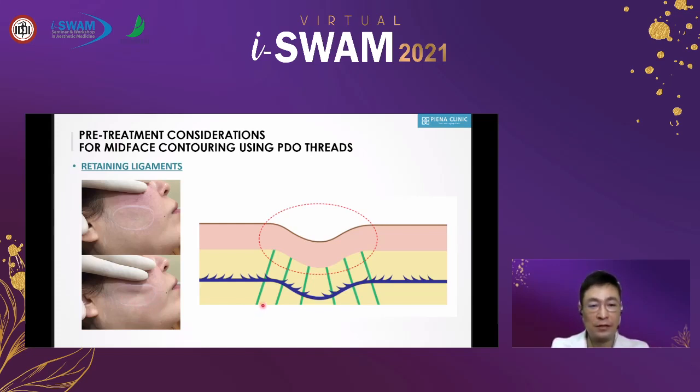So to prevent making this sunken cheek worse, the thread should be located a little deeper, parallel to the skin surface. If you keep this rule, the result will be much better.